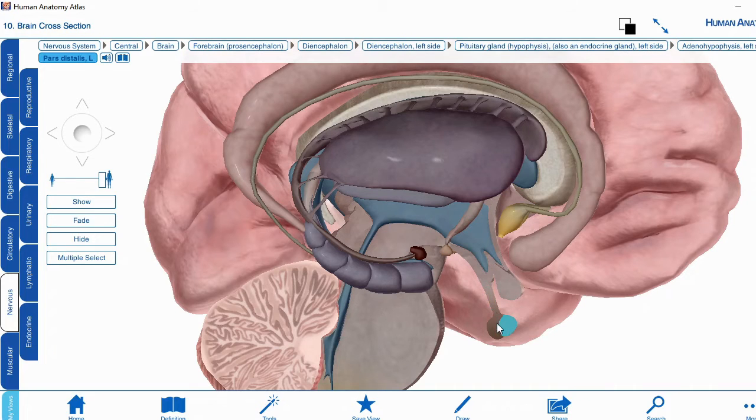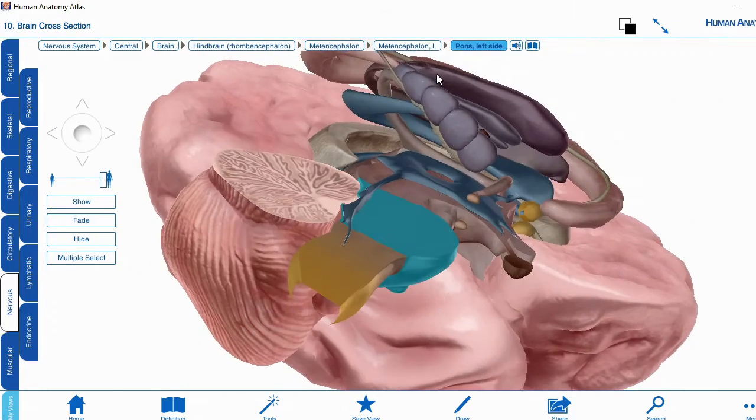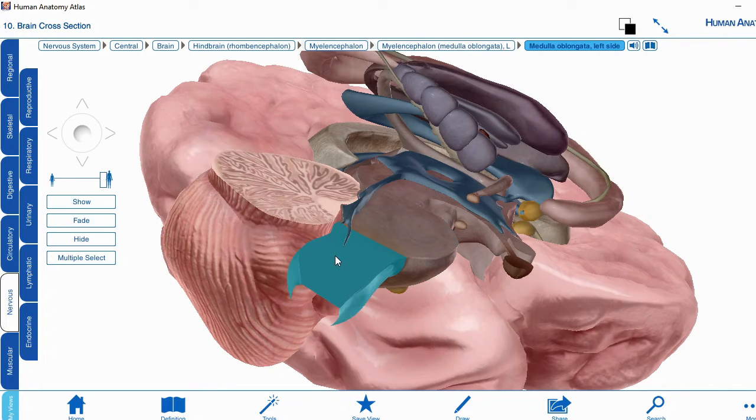That is why I told you there are two systems which control control and coordination in human beings, the nervous and the endocrine system, and this is called the neuroendocrine connection, the hypothalamus with the pituitary gland. And this structure is called the pons. And ultimately in the last, you can see this portion, this is the medulla oblongata, and from here the spinal cord arises, right?